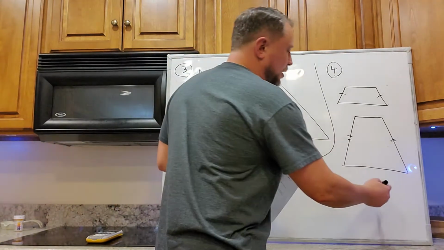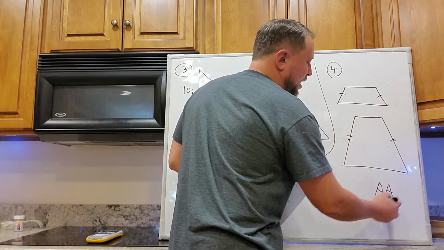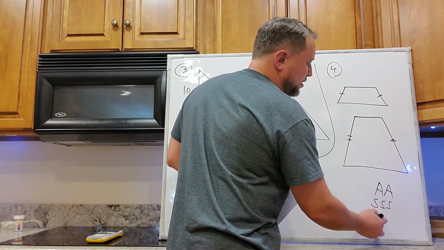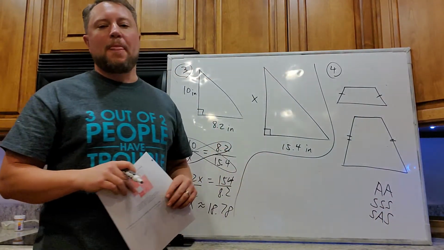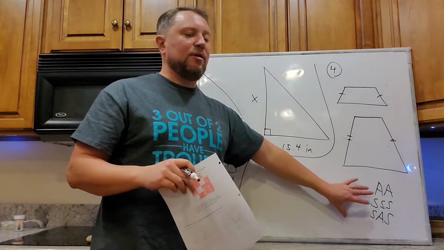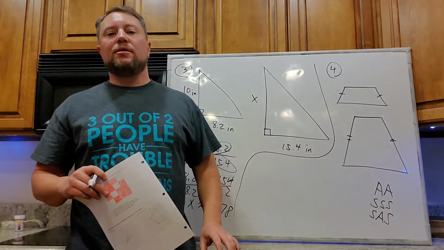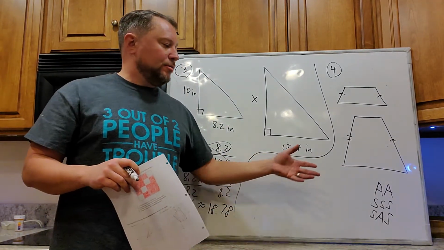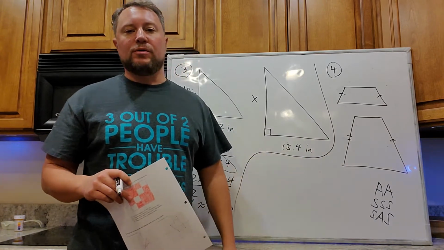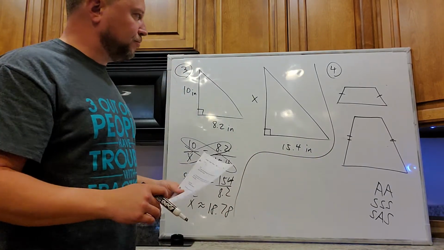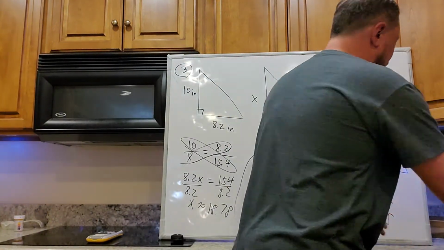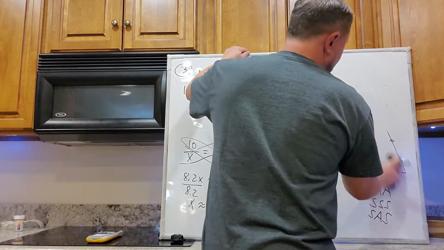And that would be those techniques AA, SSS, and SAS. You might be able to justify whether triangles would be similar using one or more of those techniques on the problems that I might put on the test. Okay, so there's the first 4 problems.